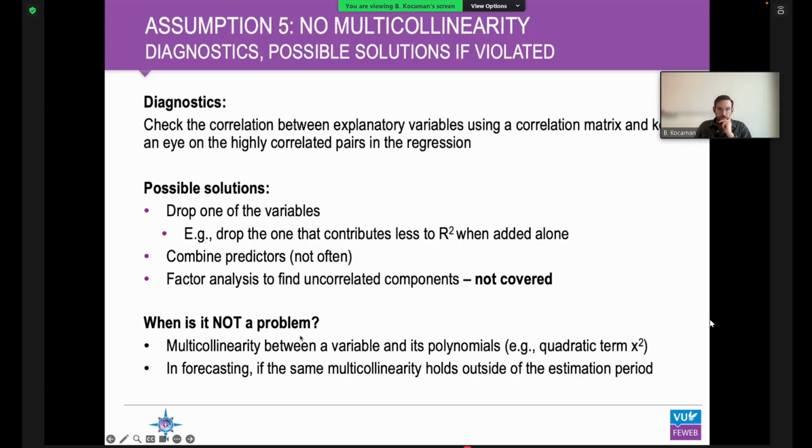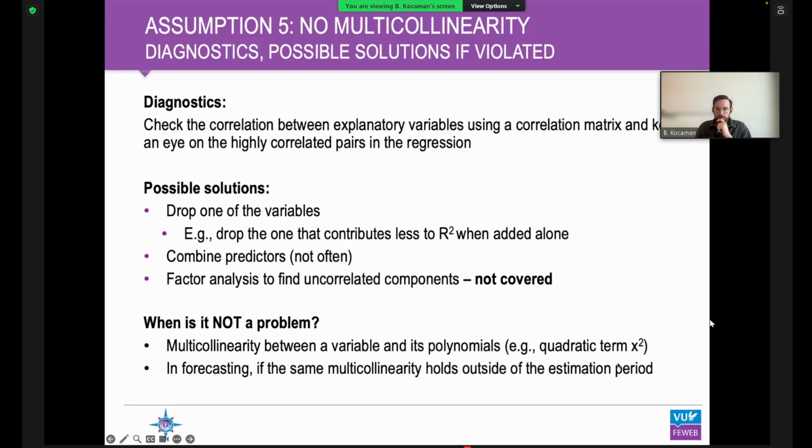When is it not a problem? Multicollinearity is not a problem if you deliberately introduce it in the model. So for instance, if you add polynomials, or the quadratic term, we saw this quadratic transformation, right? We will add x and x square as independent variables. And of course, x and x square are very highly correlated, not necessarily perfectly correlated.